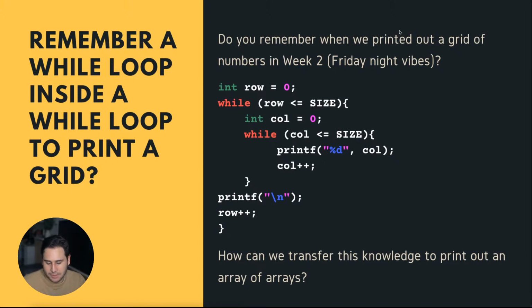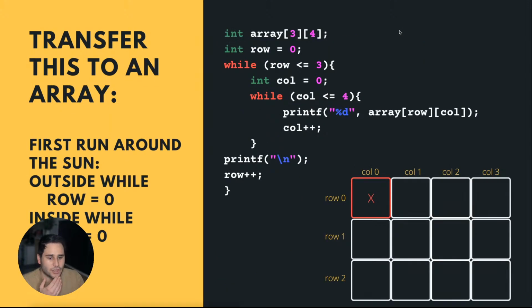Yeah, and you've probably seen some lab examples with some of this. So this is a really nice way of representing this. We're making an array, 3 rows, 4 columns. We start the row variable at 0. While the row variable is less than or equal to 3, we start our loop, right? So row is 0, but then we set column to 0.